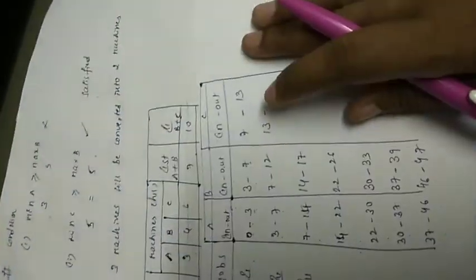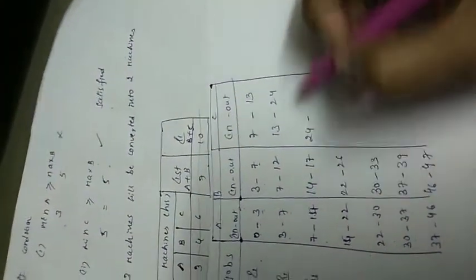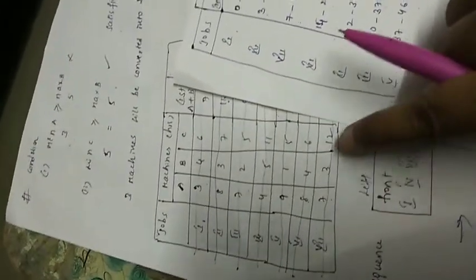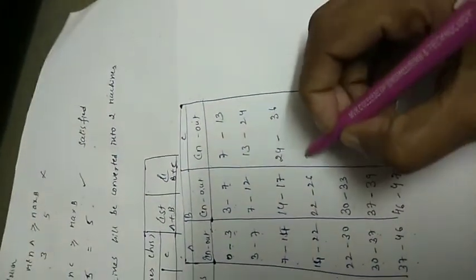The fourth job for C mission is 11, so 11 plus 13 is 24. 17 and 24, 24 is highest. The seventh job for C mission is 12, so 24 plus 12 is 36. 26 and 36, 36 is highest.